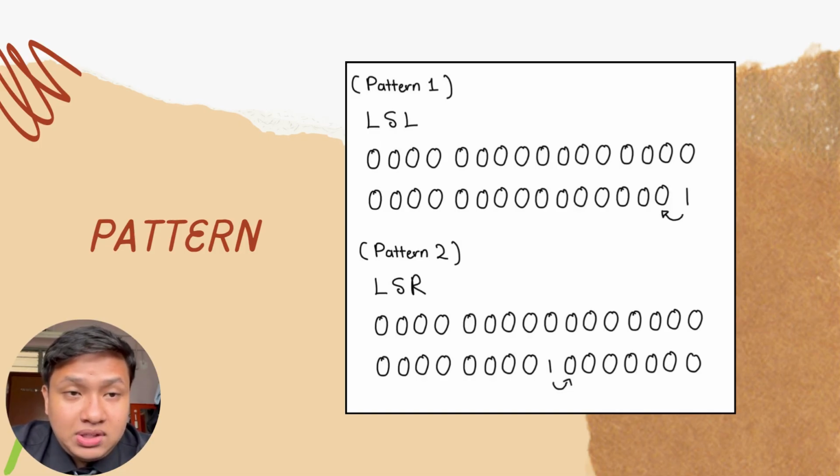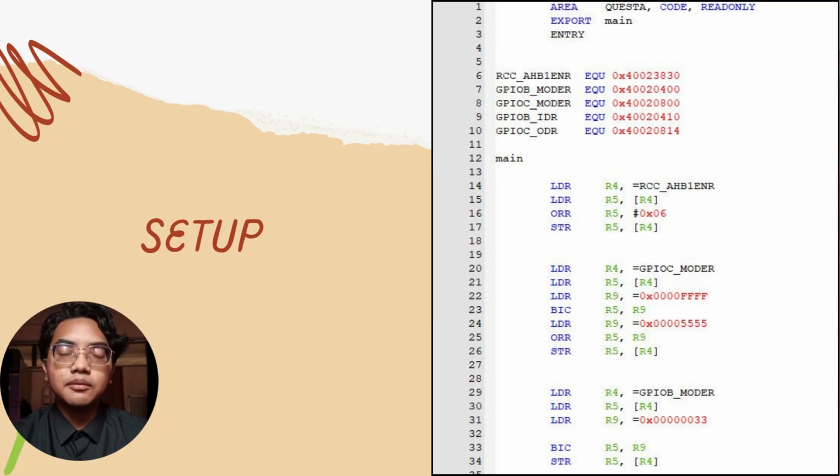From PC0 to PC7, we use left shift for the forward sequence, so it will pass the value 1 from PC0 to PC1, PC2, PC3, PC4 until PC7. For the reverse sequence, we are going to pass the value 1 from PC7 until PC0 to get the reverse sequence of the LEDs.